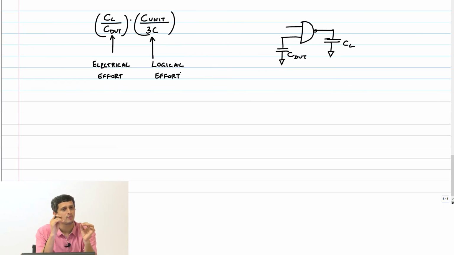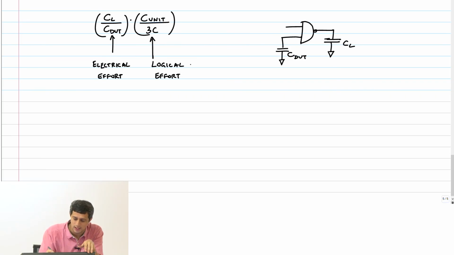If you implement an inverting function, inverter's function, y equal to a bar, then the logical effort is minimum. Anything more than this, you are going to pay a price. What price, we will see.